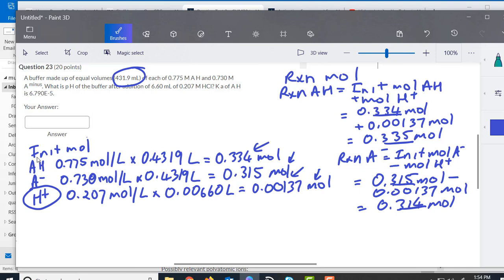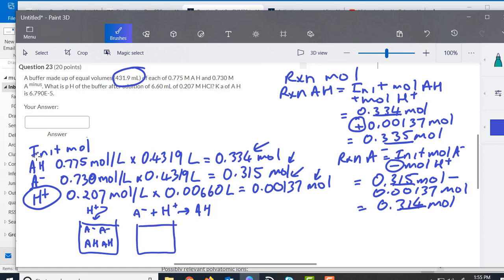So let me explain exactly why we're doing plus here and minus here, because that's really the most important part. So what I'm going to do is draw a picture here of what's going on. Let's say we've got a buffer and we'll have A minus and AH in here. In this case I'm adding H plus to the buffer, and the H plus certainly won't react with the AH, it will react with the A minus, and it will turn any A minus into AH.